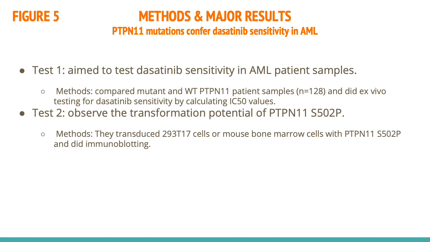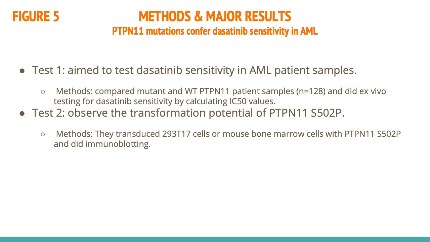The method they used for this test is they compared mutant and wild-type PTPN11 patient samples, and they did ex vivo testing for dasatinib sensitivity by calculating the IC50 values, which we were talking about earlier. The second test they did was Sanger sequencing to reveal an AML-specific PTPN11 mutation called S502P.